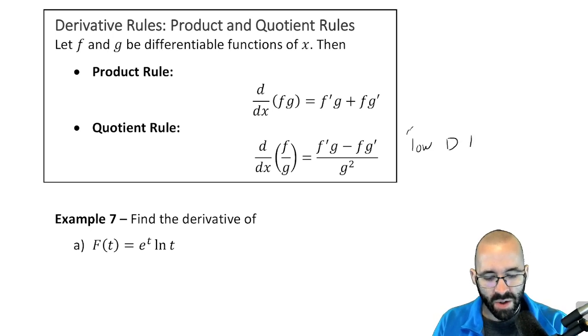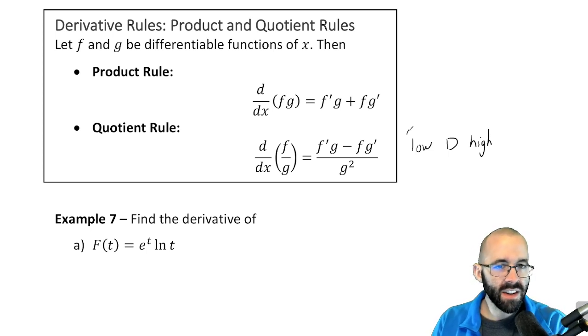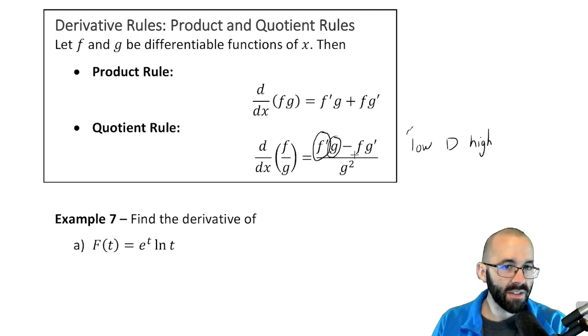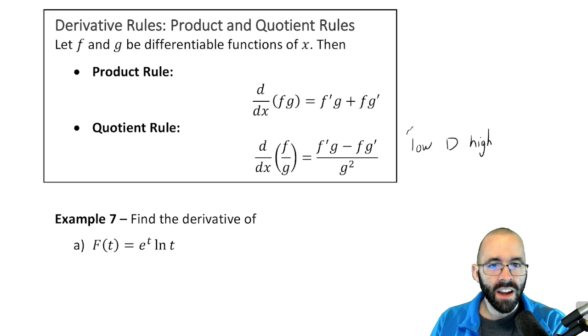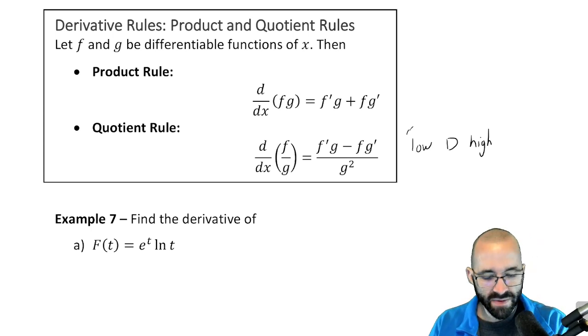One of them is low D high. That's the start of it, which means the low function times the derivative, D, of the high function. G is on bottom, F is on top, so G is low, F is high.